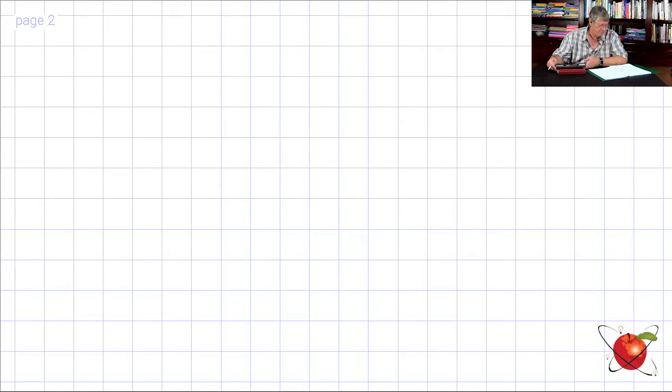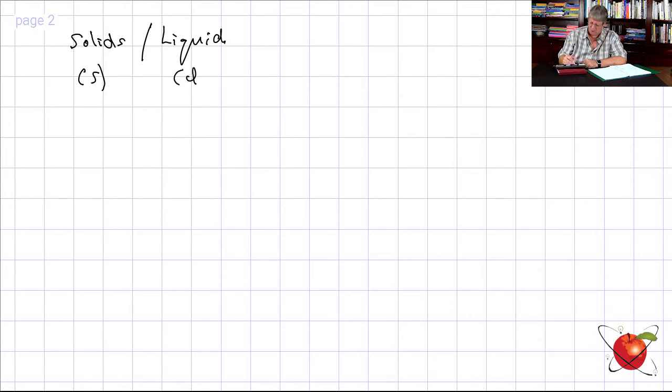Now, all right, what if we have got a situation where we've got solids or liquids? Let's introduce solids or liquids. In other words, the S or the L in the equation.